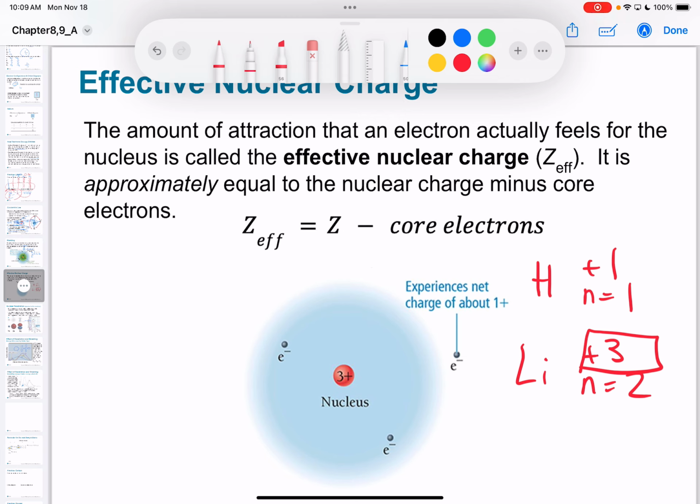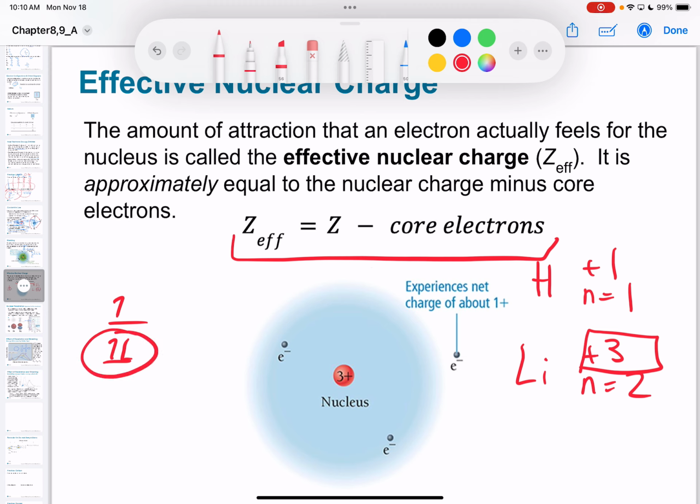So when we look at the number of protons of hydrogen and we think about those protons as the strength holding the electrons in, it's got a +1. When we look at lithium, instead of thinking of it as +3, we're going to use this equation and subtract off any core electrons. So if we're at n equals 2, let me draw a quick diagram for you. This is lithium, right? So these 2 would be our core electrons.